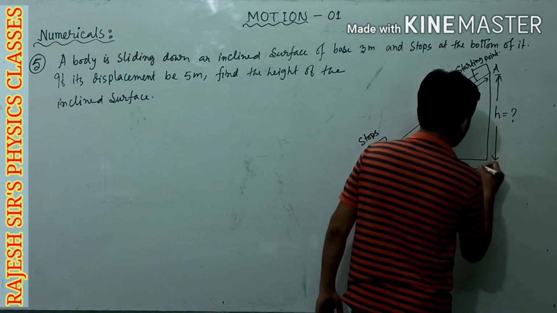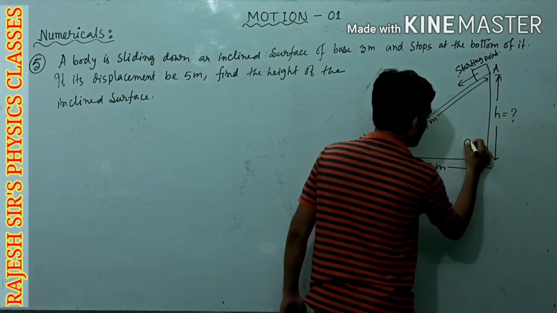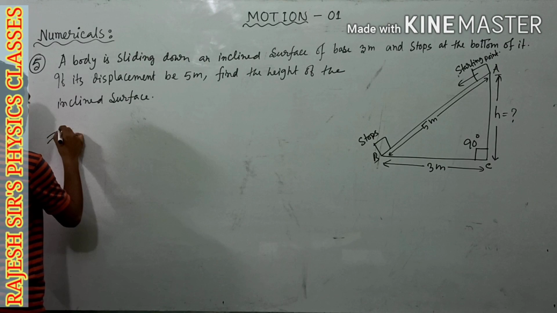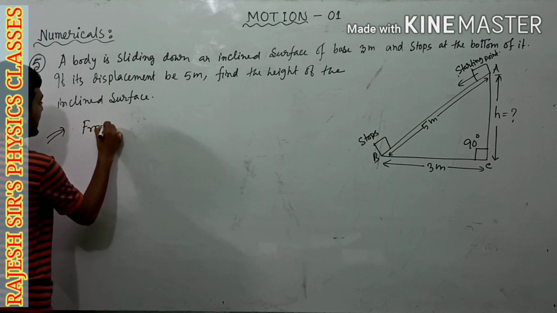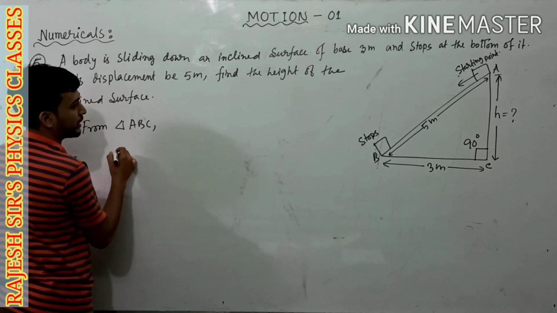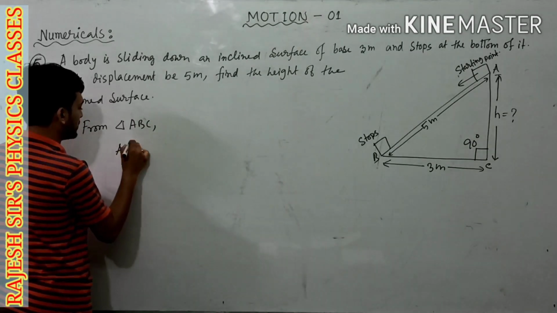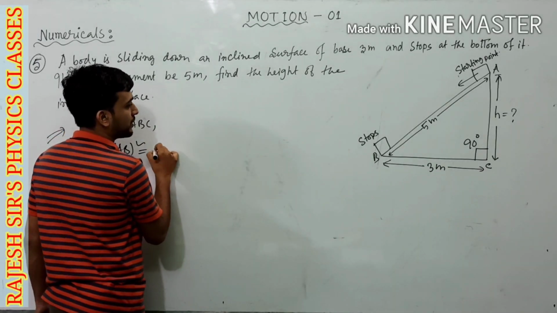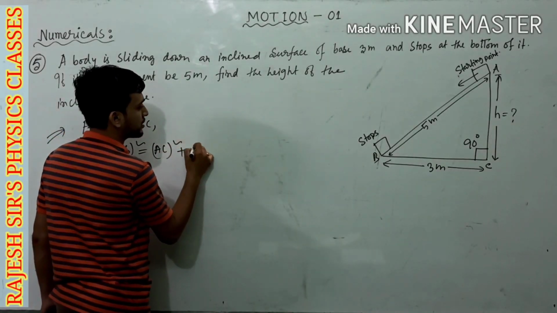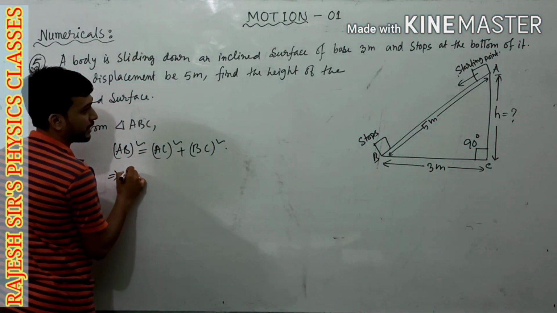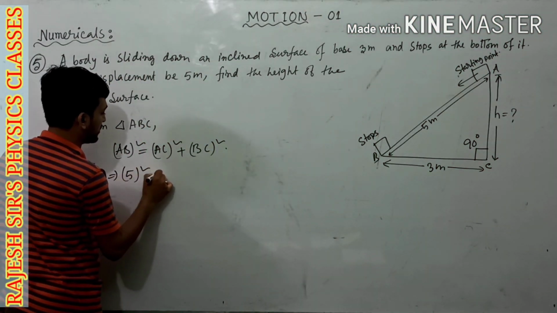So this angle is 90 degree. So from right angle triangle ABC, we can write hypotenuse square is equal to perpendicular square plus base square. What is AB? AB is 5 square.